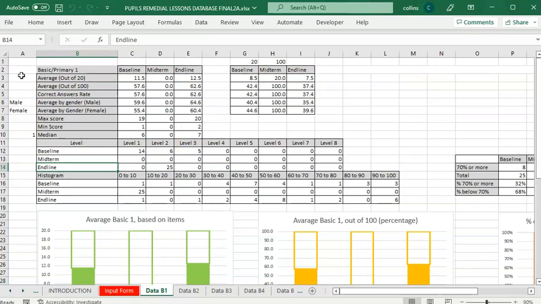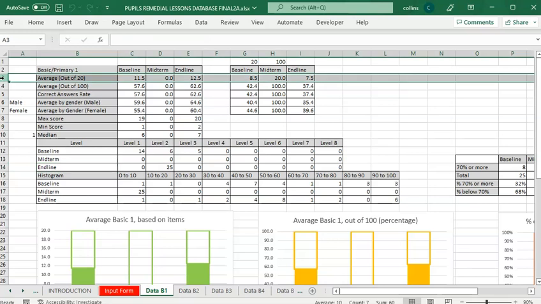Here it gives us information for baseline and also for endline, because we have only conducted baseline and endline assessment as far as this school is concerned. We are able to identify the average out of 20. This gives us a clear indication that during the baseline assessment, the average of the learners in basic 1 was 11.5.